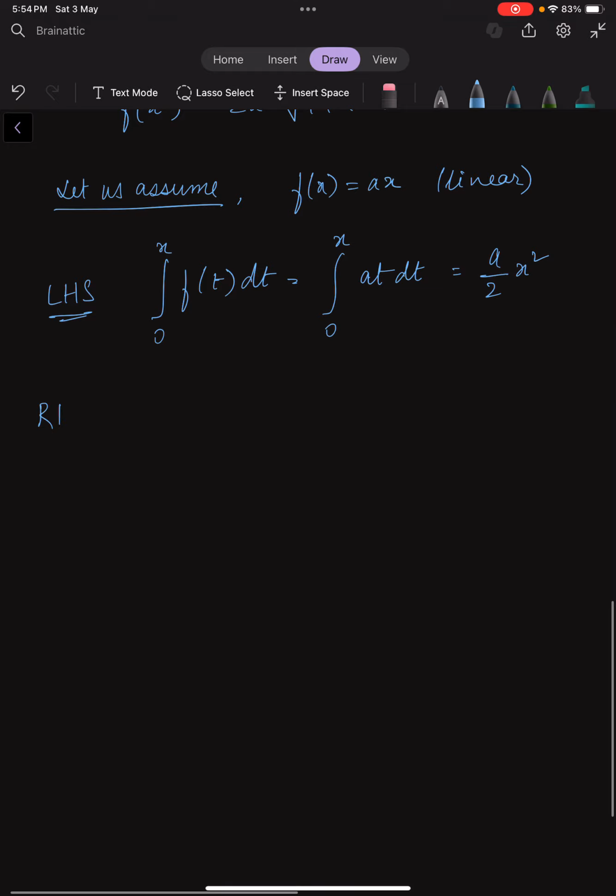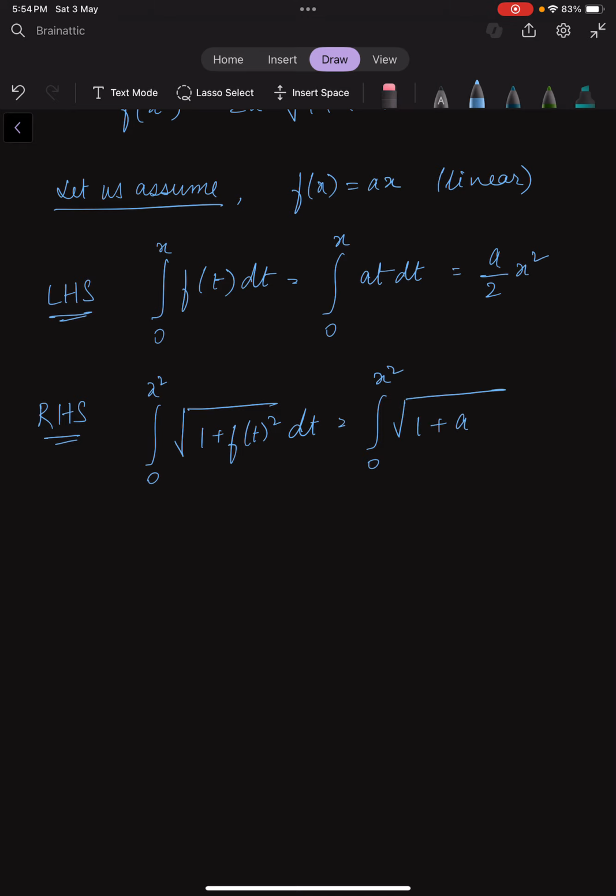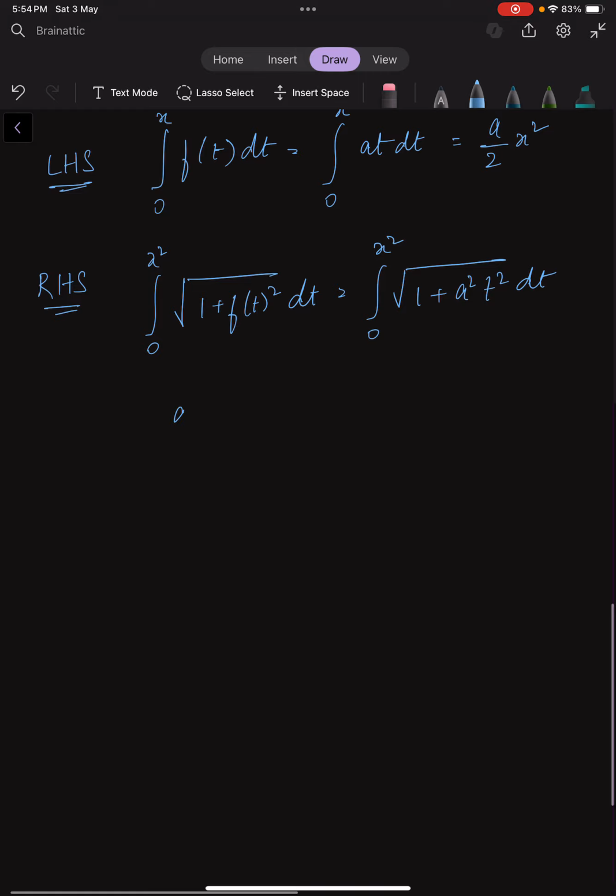Now if I take the right hand side, I will have integral over 0 to x square root of 1 plus f of t whole square dt, which is nothing but 0 to x square root under 1 plus a square t square dt. Correct? So if we compare, a by 2 x square is equal to integral over 0 to x square root under 1 plus a square t square dt.